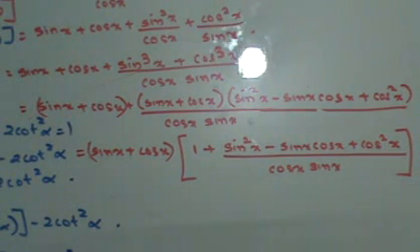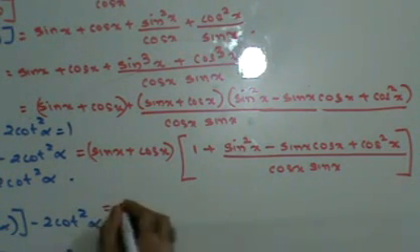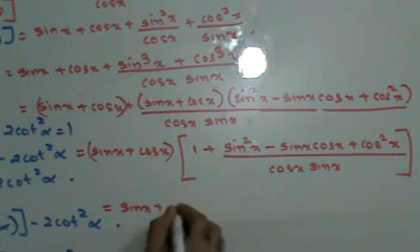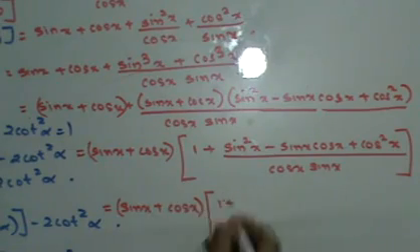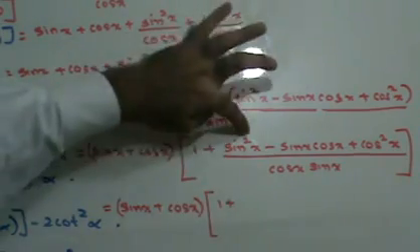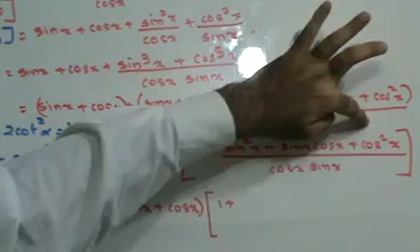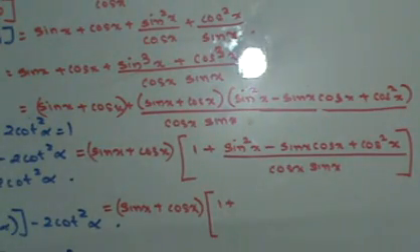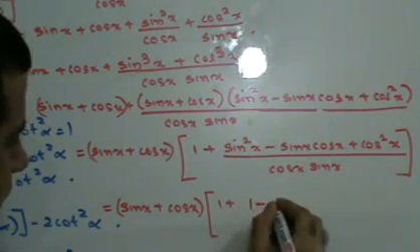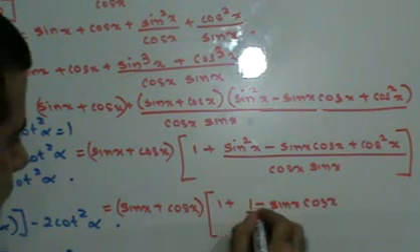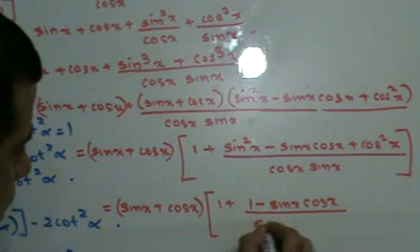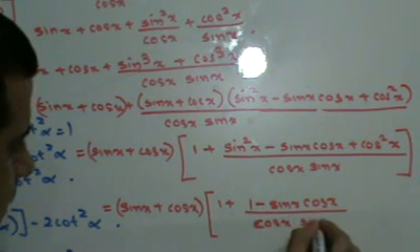Right? Now, this can be written as sin x plus cos x into 1 plus sin square x plus cos square x. Sin square theta plus cos square theta is 1. So this is 1 minus sin x cos x upon cos x sin x.